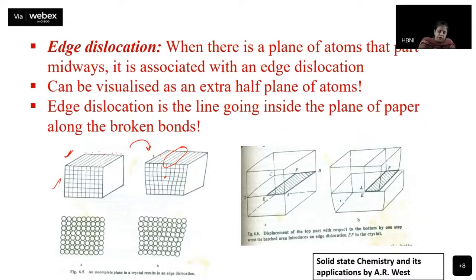Let us try to visualize it in this figure. Okay. Now in this cube only, if I try to see only the front face, this is how the arrangement of atoms will look. All the atoms are very nicely arranged. But when I come to this particular situation, what happens is this particular line of atoms started from the top, but then it was not able to extend further.